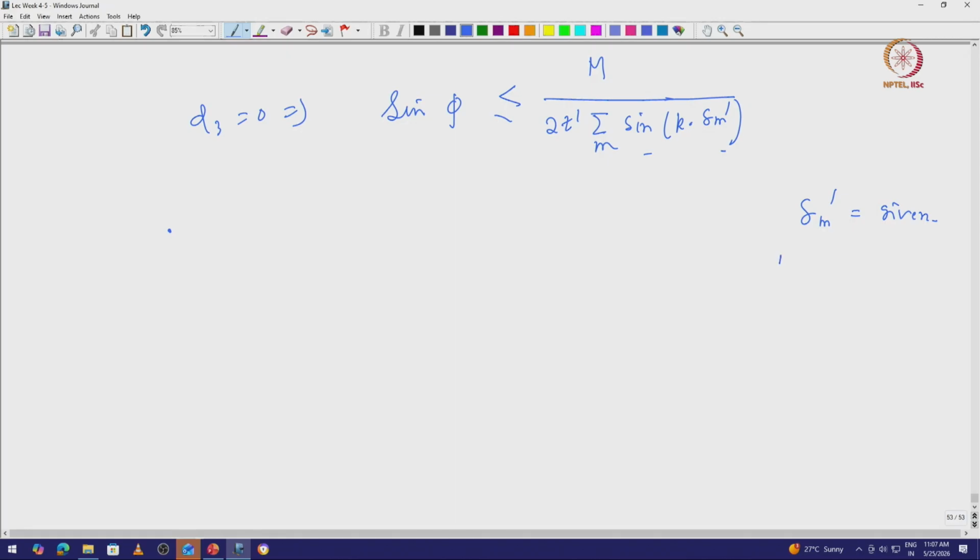So this will be homework: put all those terms together and show the value at k and k prime. k dot delta m prime just gives you plus minus 3 root 3 by 2.